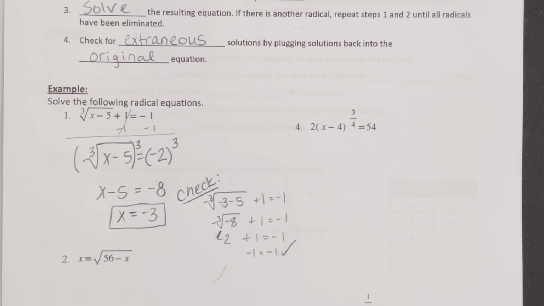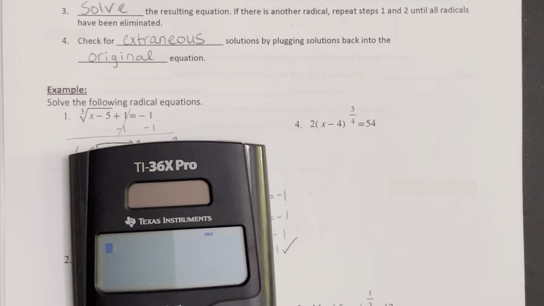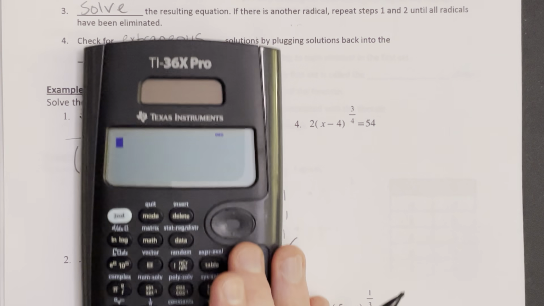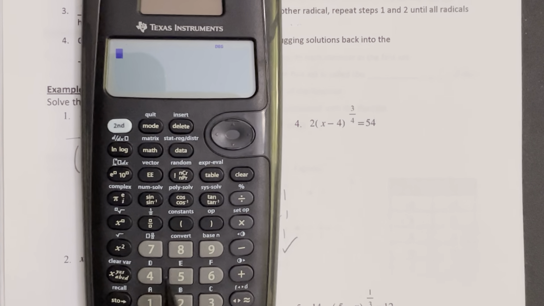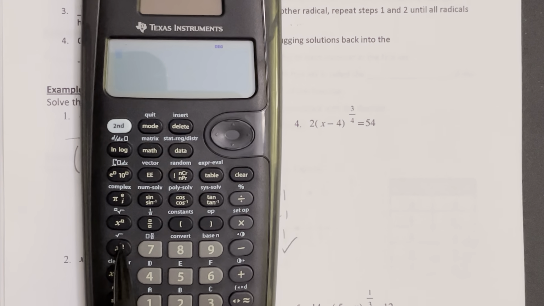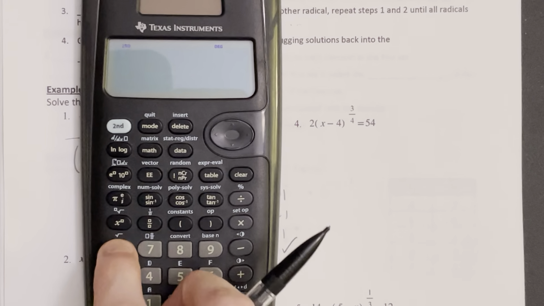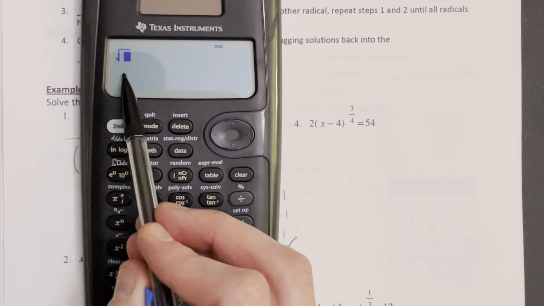If you have a calculator that is a scientific calculator, it kind of looks something like this. There's a cube root button, but there's also a button for you to do a fourth root, fifth root, whatever. So the actual square root button is above the x squared one. You would hit second x squared, and there's your square root.